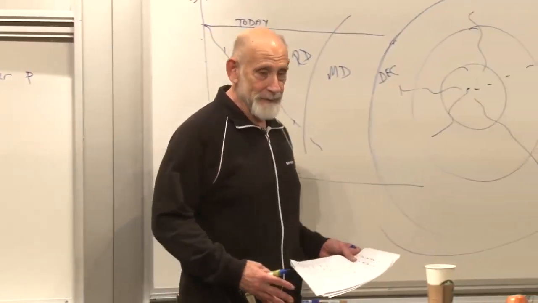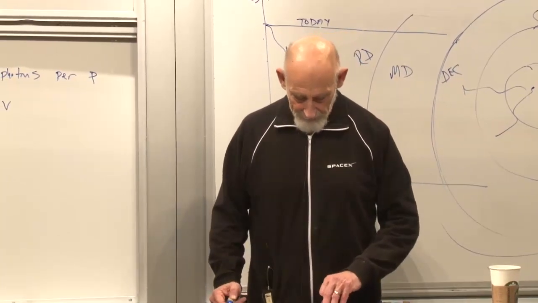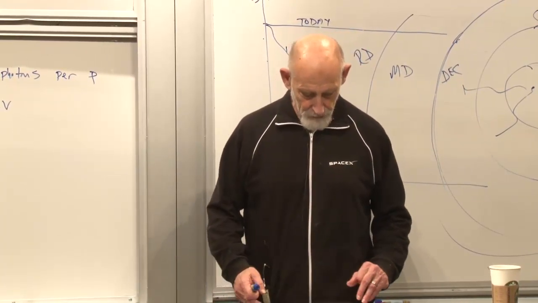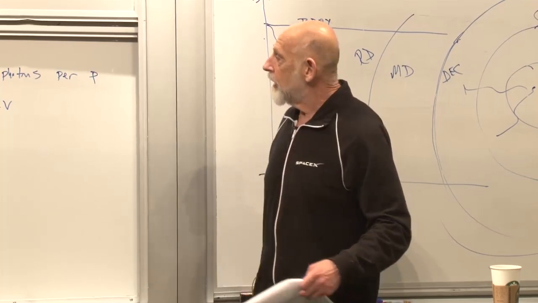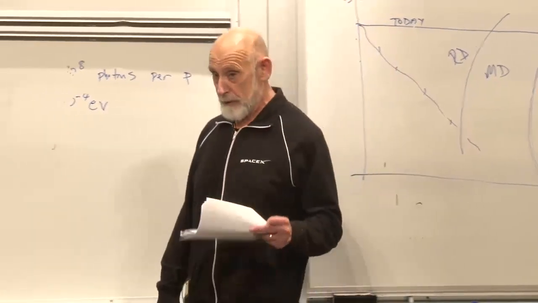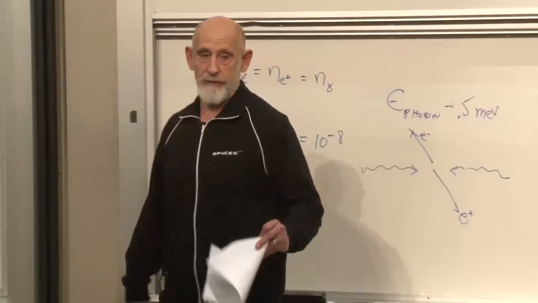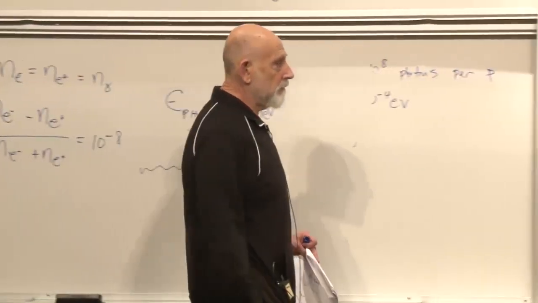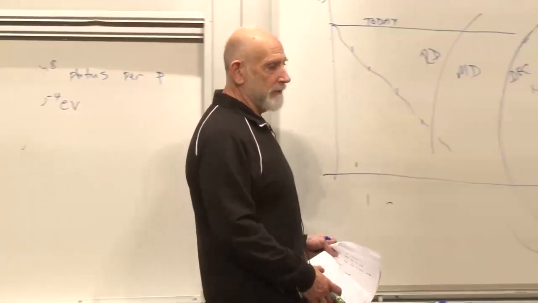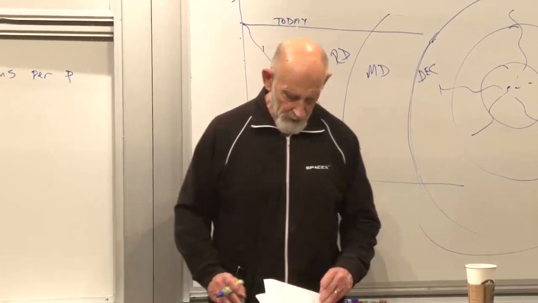Why is it so small? What is the theory which tells us why there's an electron-positron imbalance? We'll address that next time. That's the theory of the excess of particles over antiparticles.